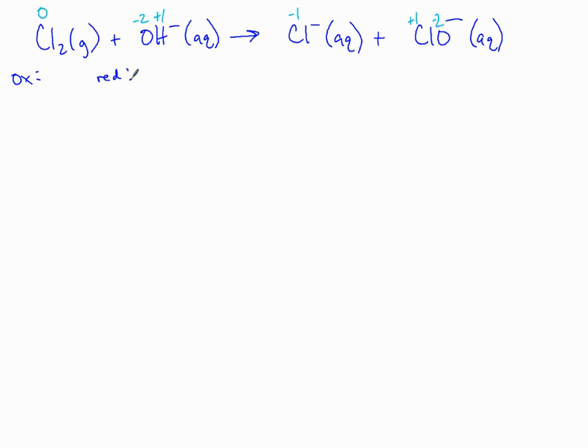See something weird about this? It's chlorine for both of them, right? Yeah, it's kind of weird. So, Cl and Cl. But we're still going to treat them like they're two separate reactions. We're going to look at the oxidation half reaction, and we're going to look at the reduction half reaction.